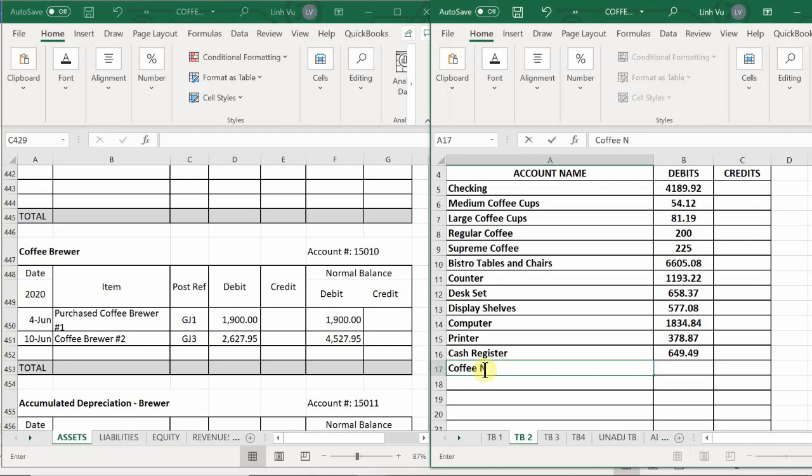You're gonna list those separate? Nope, you're gonna list them together. So with my 2 coffee brewers combined, what is the total balance in my coffee brewer account? 4527.95.